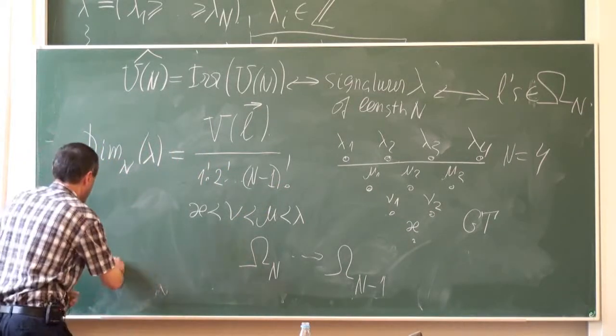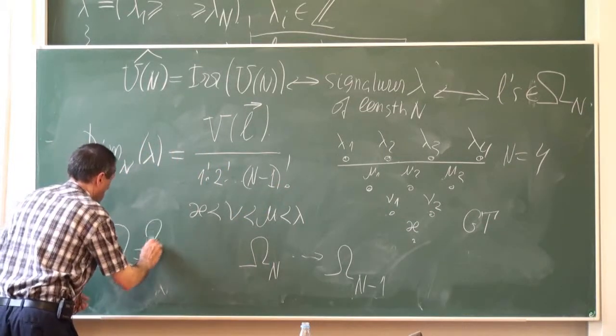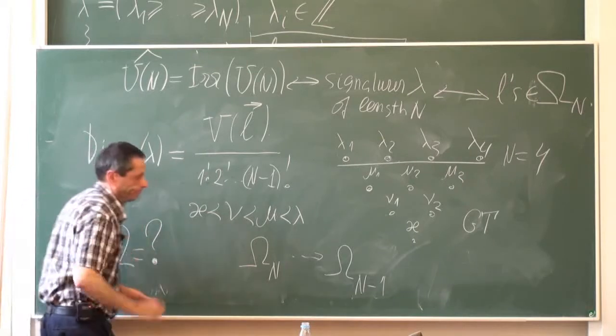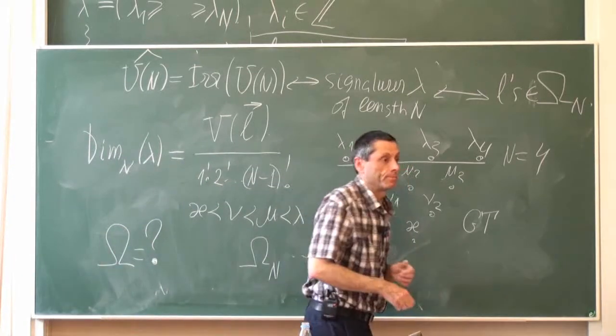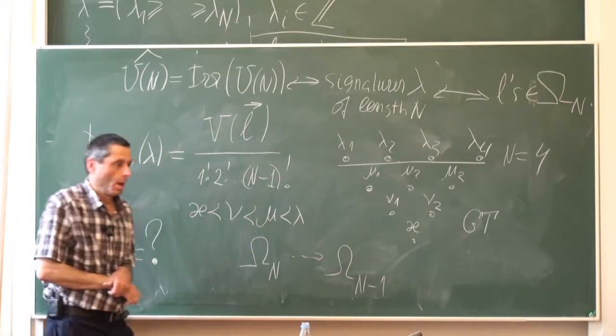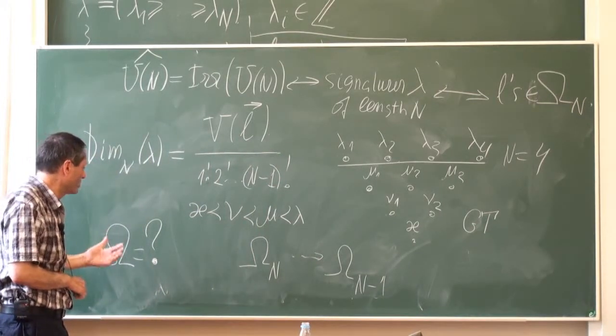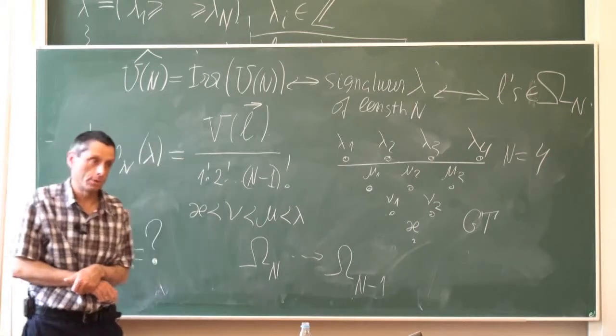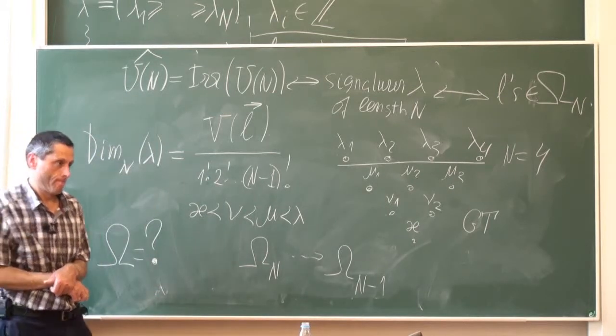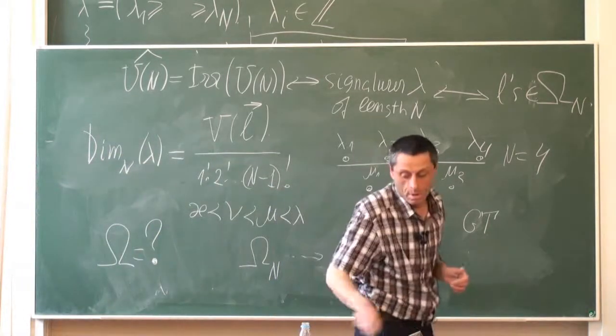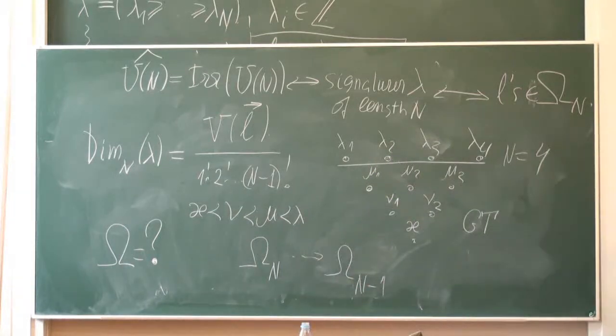And what is the boundary? I will describe it tomorrow. I would like only to say that the boundary also has a representation theoretic interpretation. A natural result is as follows.